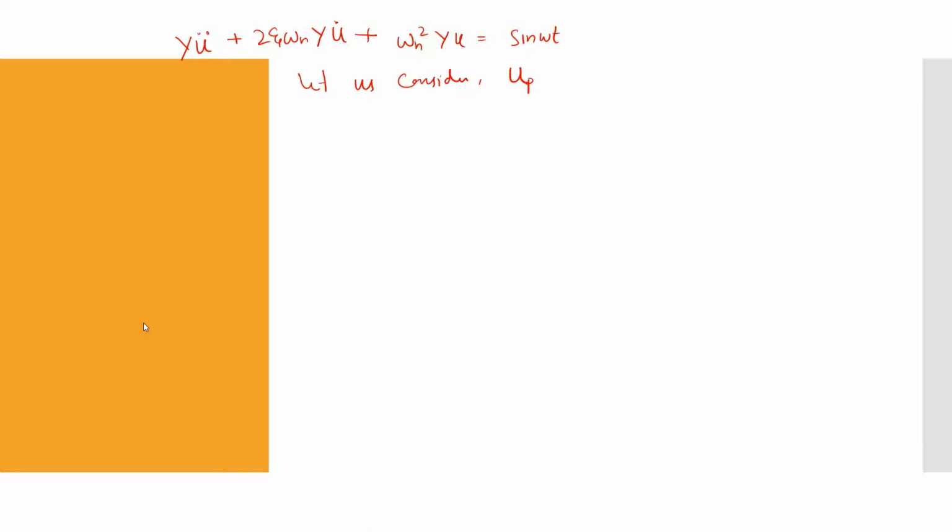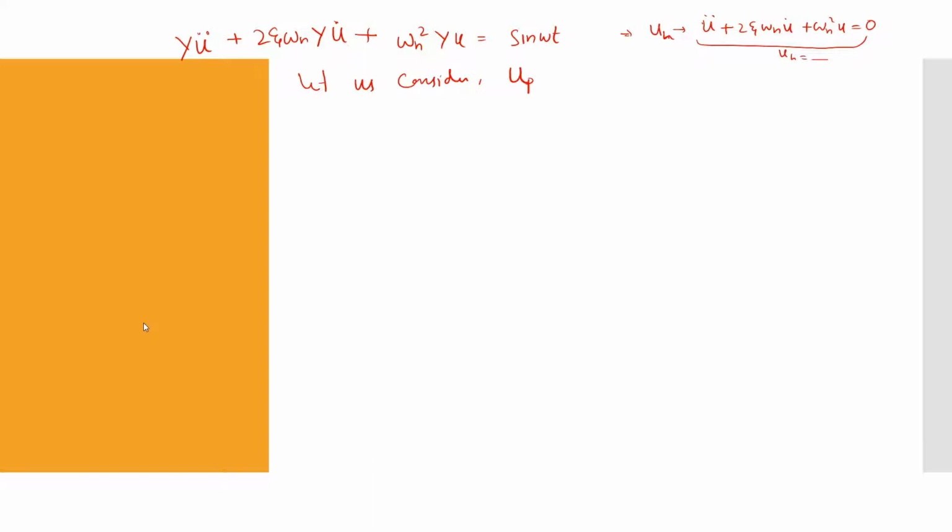So for the u homogeneous case we will write y taking common, and we will see that u double dot plus 2 xi omega n u dot plus omega n square of u equals 0, and then we will solve for the homogeneous solution, so we will get that value.